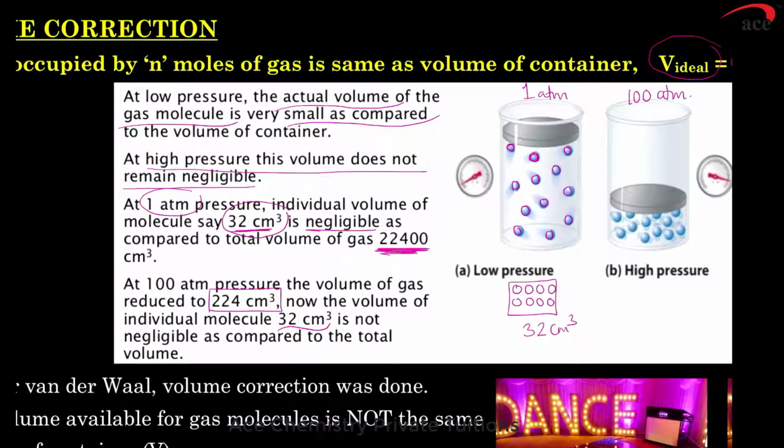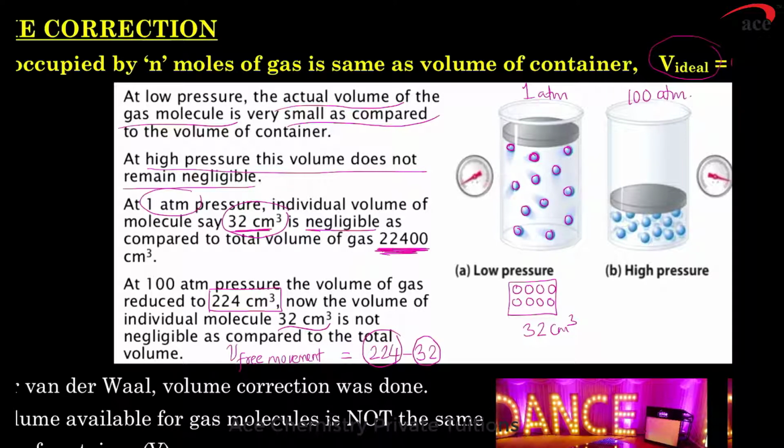Then the volume available for free movement of molecules is the volume of the container or gas minus the volume occupied by compactly arranged molecules, and you will find that 32 is now not negligible as compared to 224.